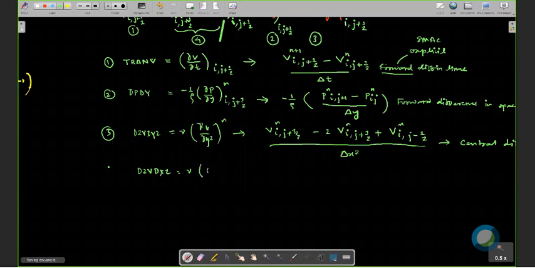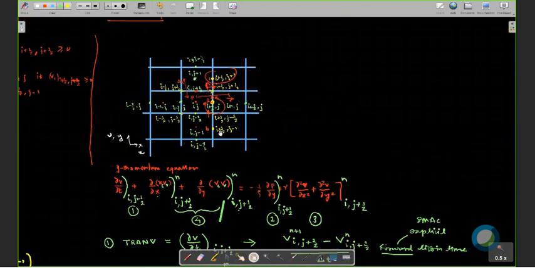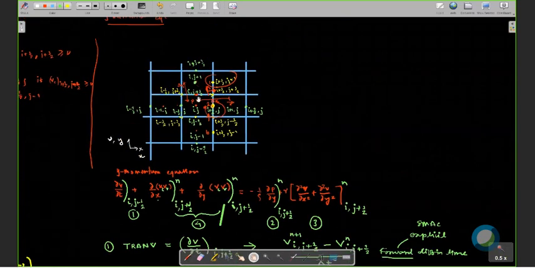d2v dx2. So in the x direction, you have this value and this value.